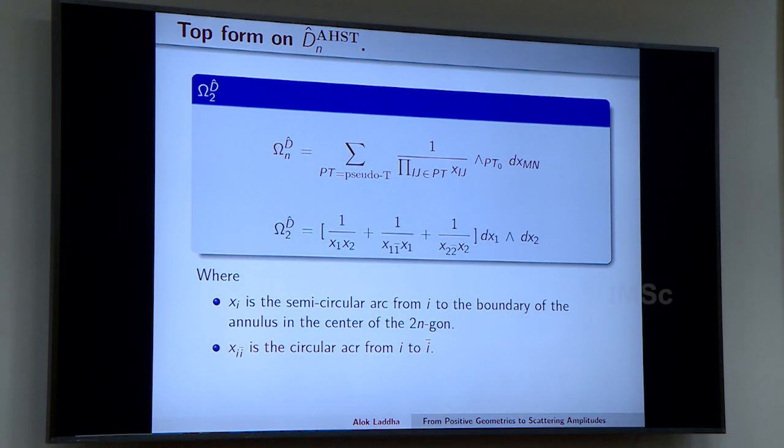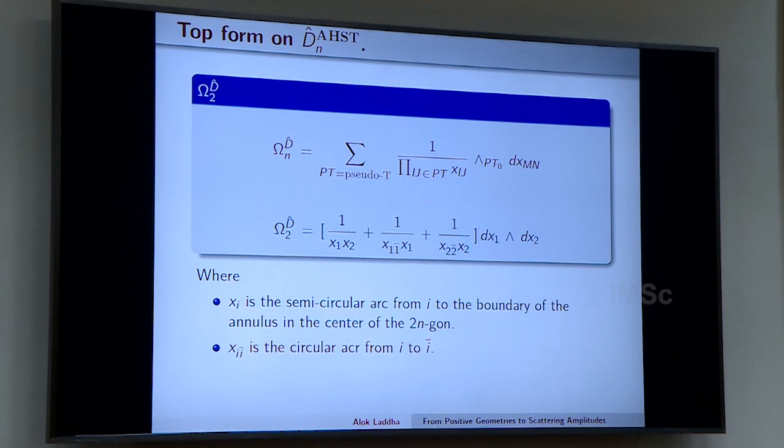So the world sheet that you get in the alpha prime going to zero limit is this moduli space of punctured Riemann sphere. And if you compactify it, then combinatorially it's once again an associahedron, but it's a curved associahedron. So you have an associahedron on the world sheet side, and you have this ABHY associahedron.